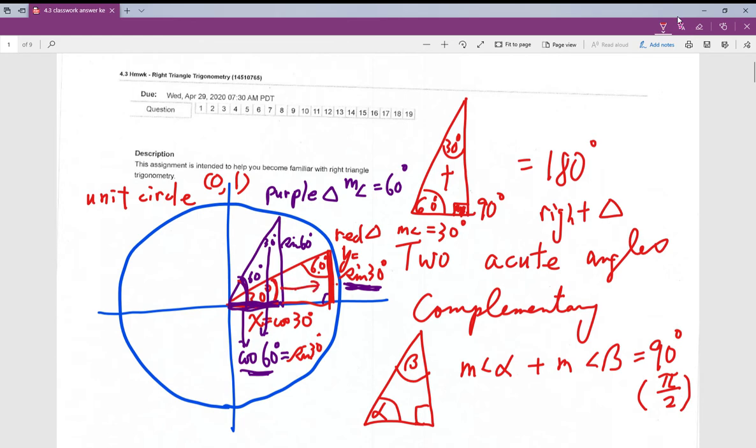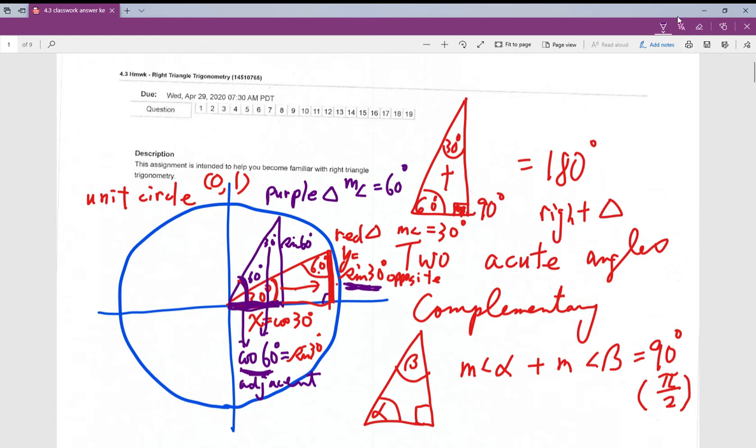So this is opposite, and this side is adjacent to 60 degrees. So the definition of the sine function is opposite to the reference angle, and the definition of the cosine function is adjacent to the reference angle.